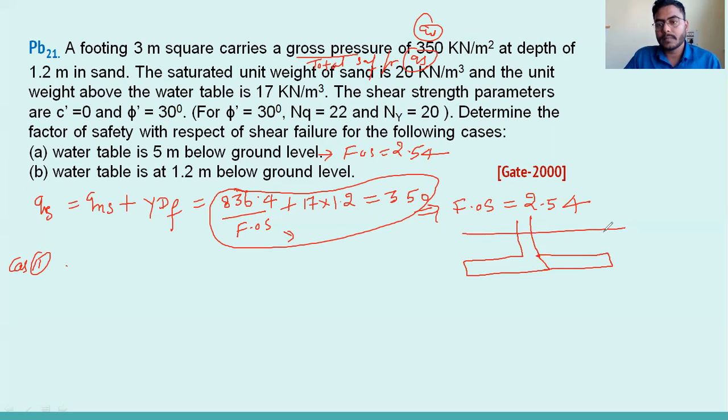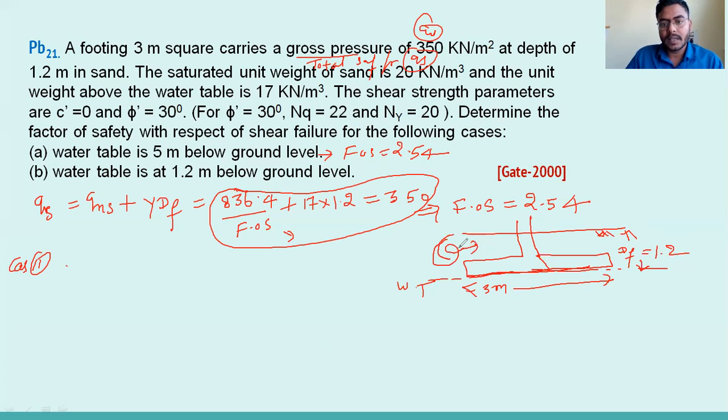Okay, so this is the depth of foundation, 1.2. This is the width, 3 meter, and water level is here. We can say water level is at the base of the footing, right? So in this case, the soil which is causing overburden pressure is above the water table, and the soil which is beneath the footing is in submerged condition.